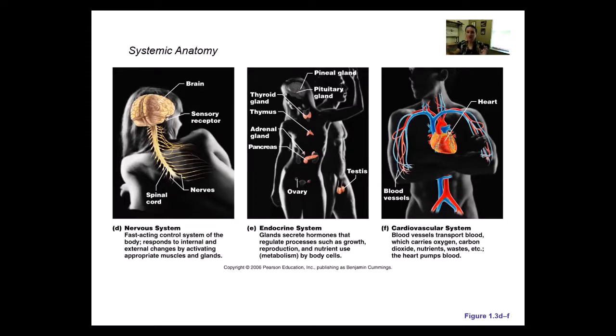Okay. The last organ system that we are going to cover in detail in A&P 1 is the nervous system. The nervous system is the fast-acting control system of the body. And I emphasize fast-acting because this organ system can control every single tissue, every single organ in our body with electricity, which of course moves lightning fast to send a message to the rest of the body.